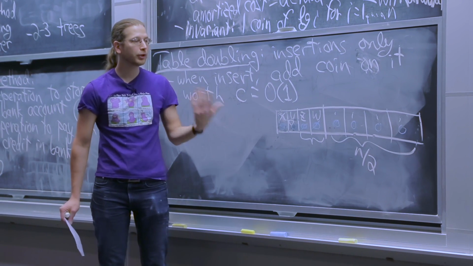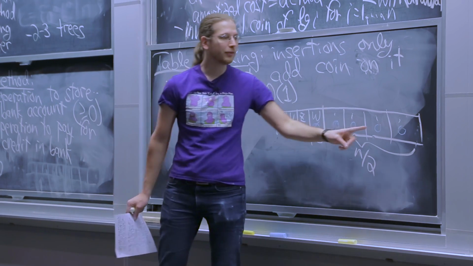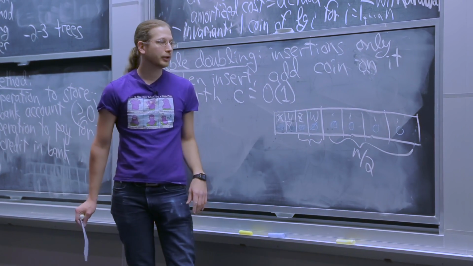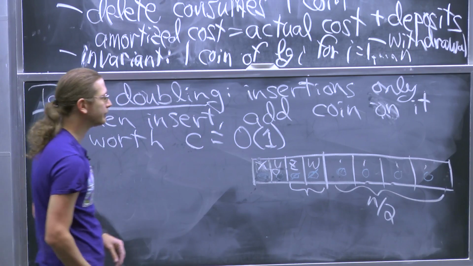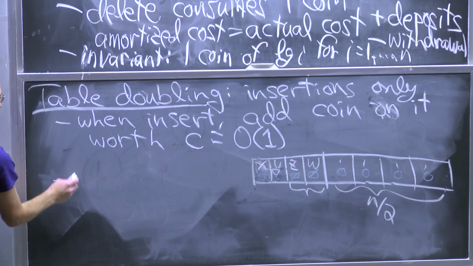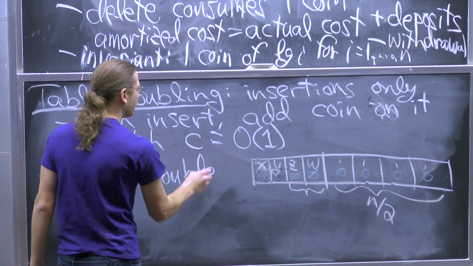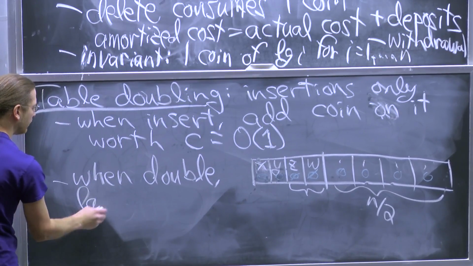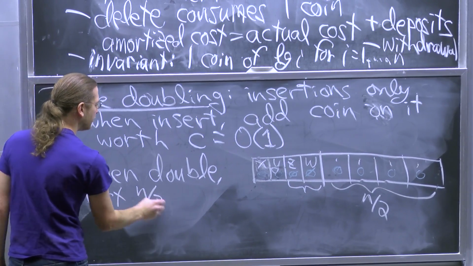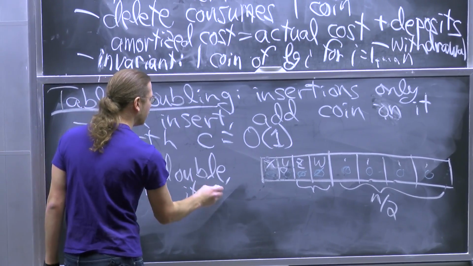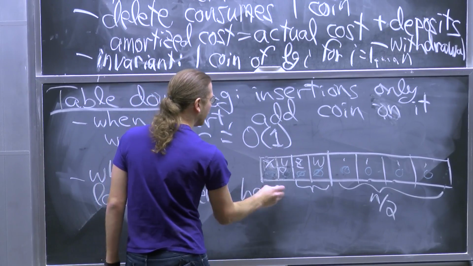Because I need to do the work to double, but I only have n over 2 coins to pay for it. I don't get coins over here. OK, so when we double, the last n over 2 items have coins.